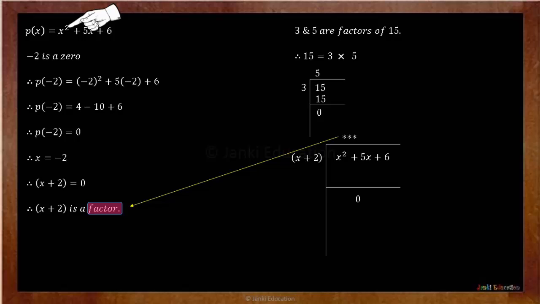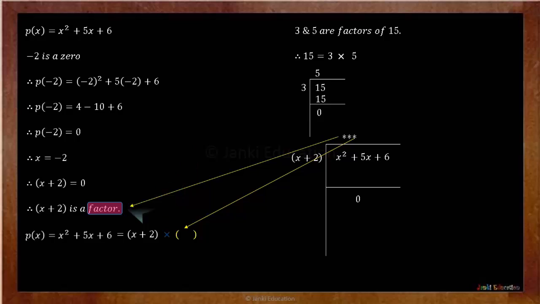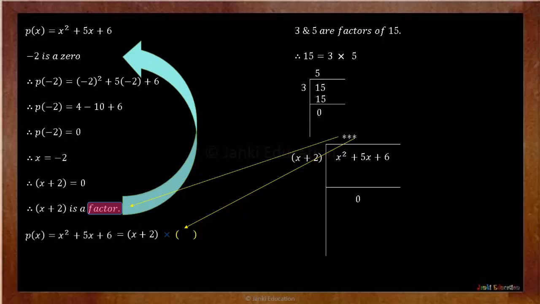Here the highest degree is 2, so there could be at most 2 zeros of this polynomial, and therefore we can write p of x is equal to x square plus 5x plus 6, that is equal to the multiplication of its factors, x plus 2, multiplied by this quotient. And if you have found a factor, from this factor you can find the zero. I hope you have understood the logic.